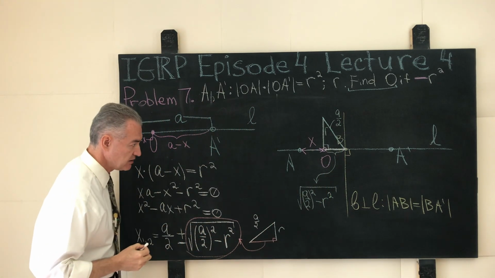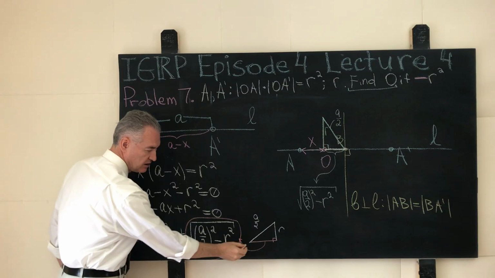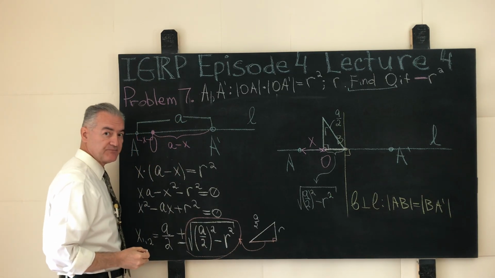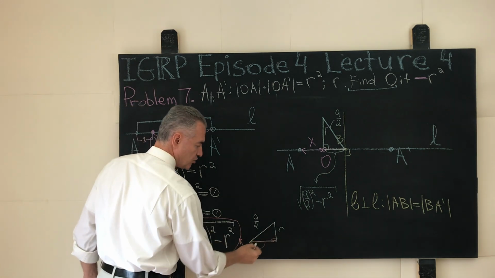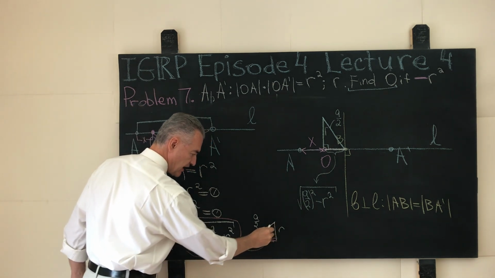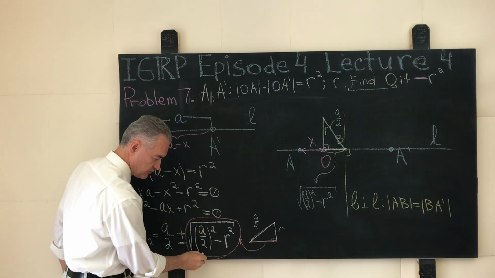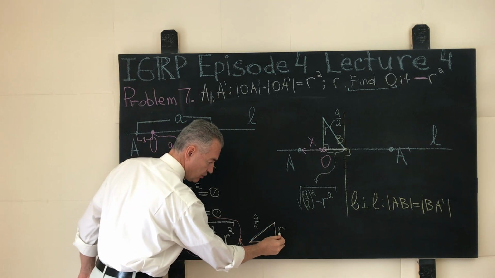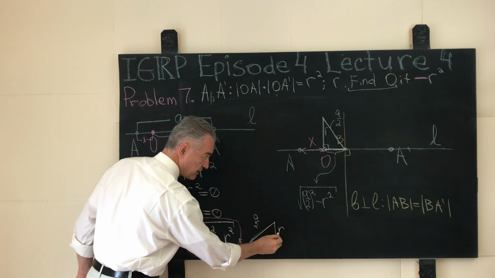Well, that piece, that line segment, is precisely the other side of a right triangle whose hypotenuse is what? Is a over 2, because we subtract from the square over here, and the other side is equal in length to r, the radius of inversion.